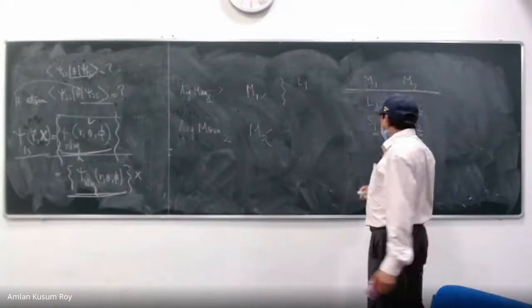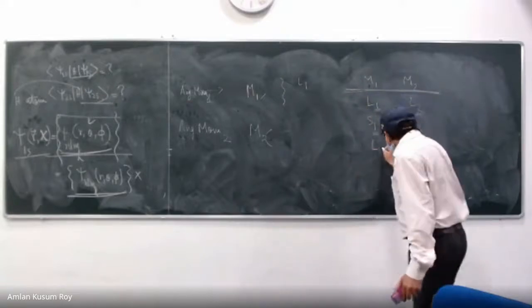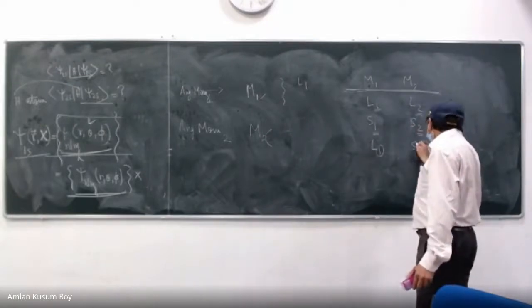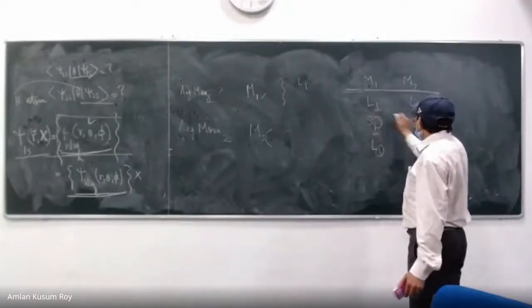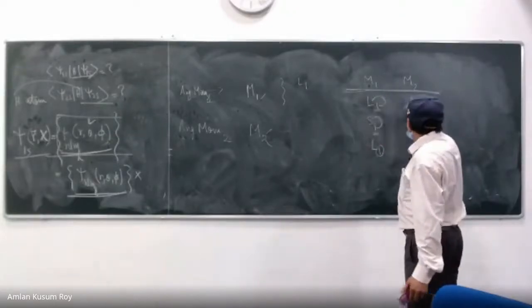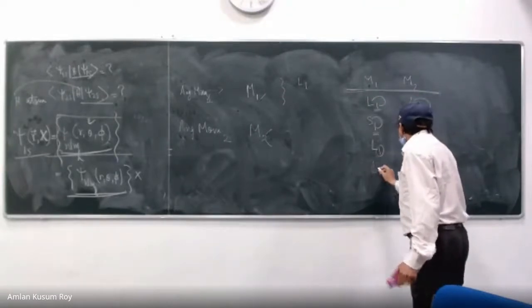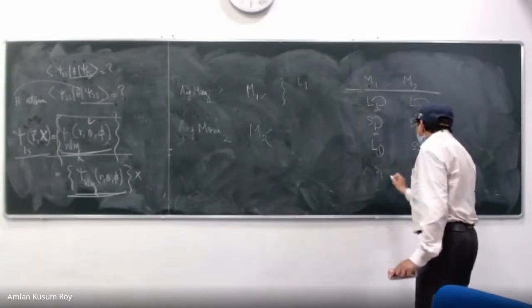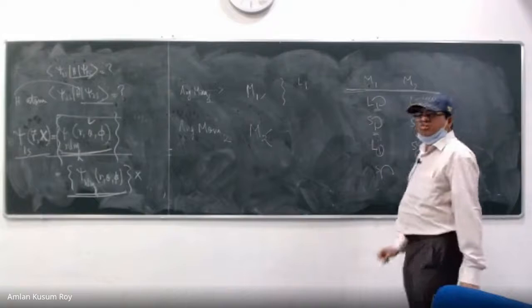I can also call L1, S2, that means electron 1's L, electron 2's S. Electron 1's S, electron 2's S. Electron 1's L, electron 2's L. And I can also make S1, L2, electron 1's S, electron 2's L. These are the four possibilities.